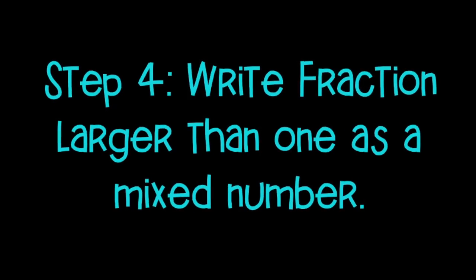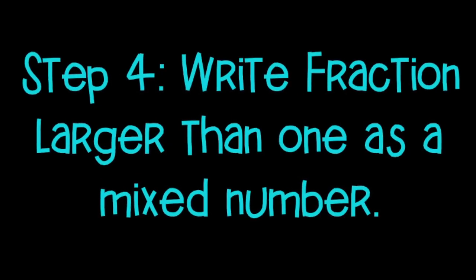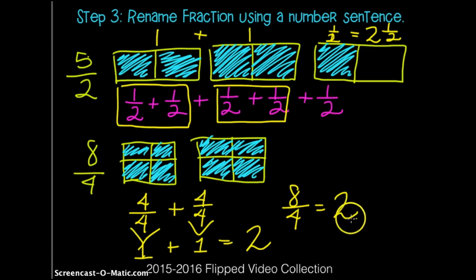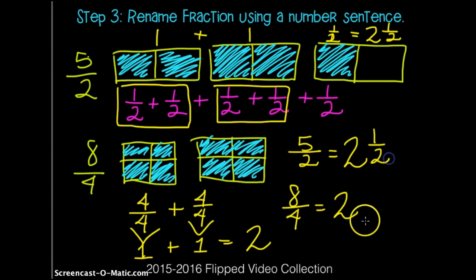So 8/4 is equivalent to 2 whole pieces. 5/2 is equivalent to 2 and 1/2 pieces. We have created what is called a mixed number that has a whole number and a fraction combined in your answer. Here we just have a whole number by itself. If we had one more 1/4 piece, we would add on our fraction.